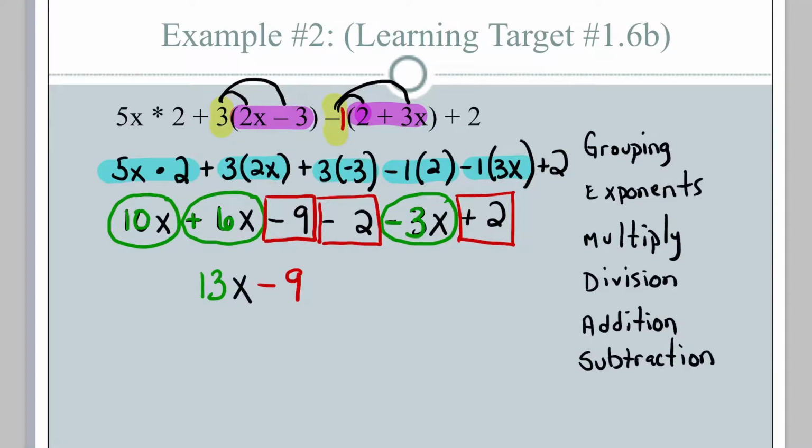So now the question we have to ask ourselves when we have fully simplified it is, do we have any remaining like terms? Again, that's the question you always ask yourself. Are there any remaining like terms?